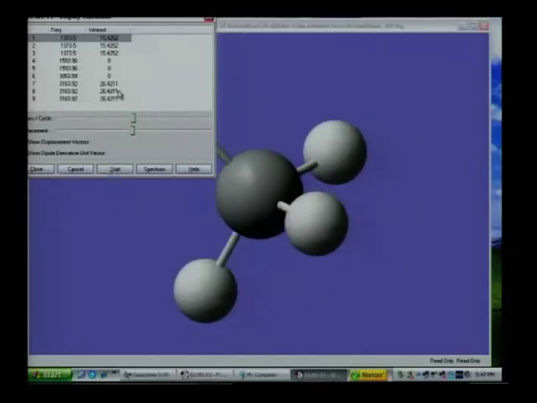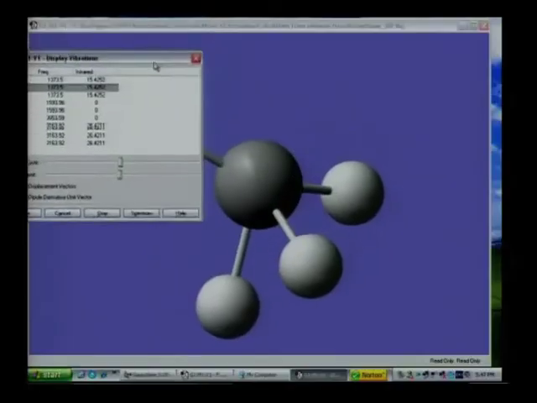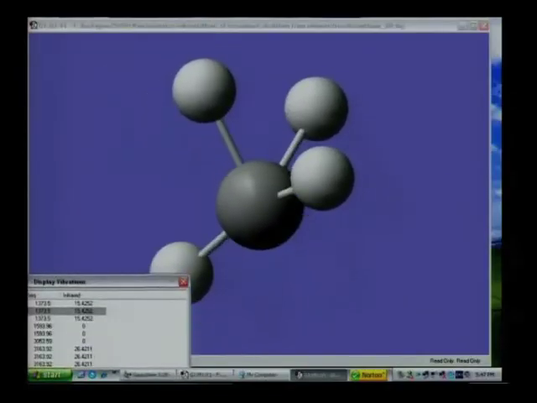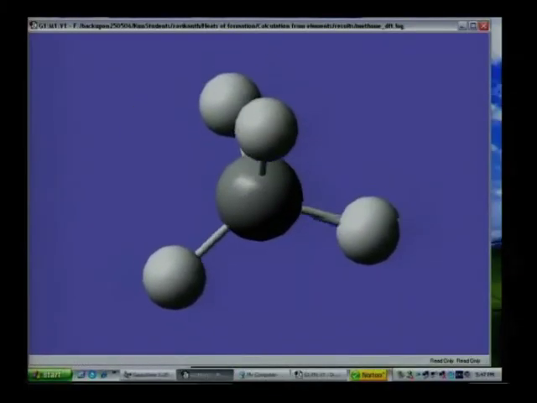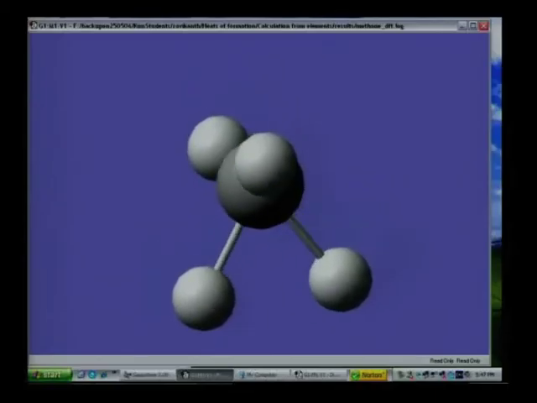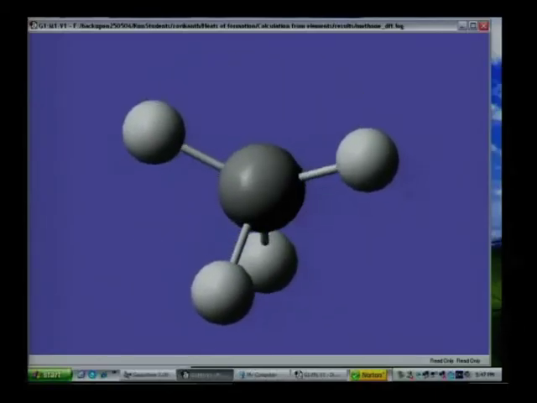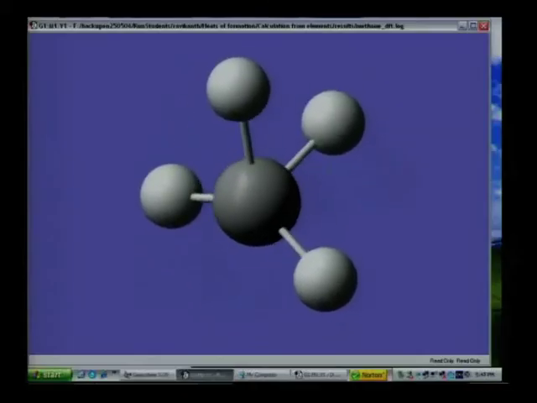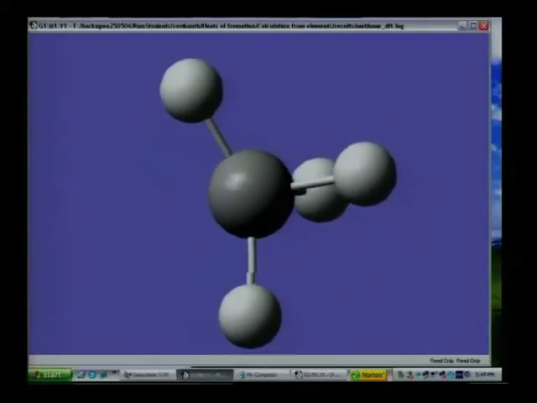Let's stop this, and there is another vibrational mode with the same energy. Now it's easy for you to remember that there should be at least two other modes. Let us look at why it should be. See what kind of bending takes place. Which modes are bent here?